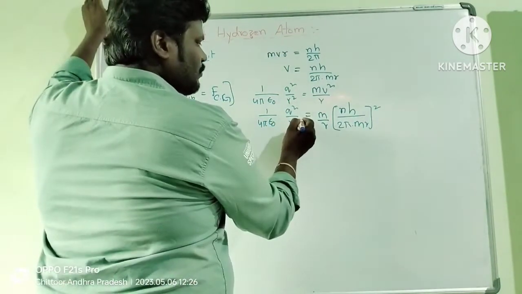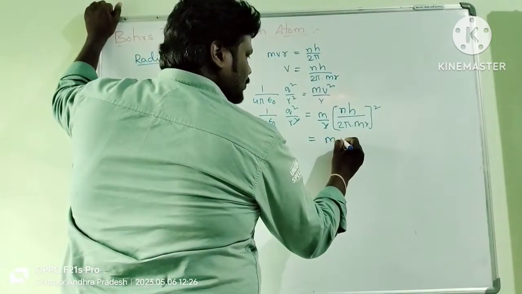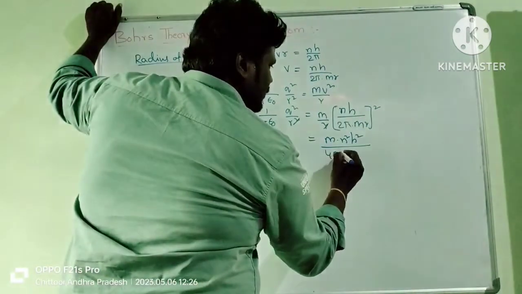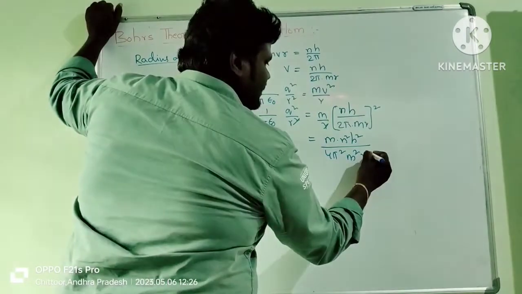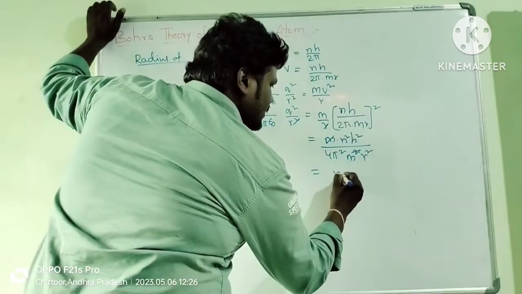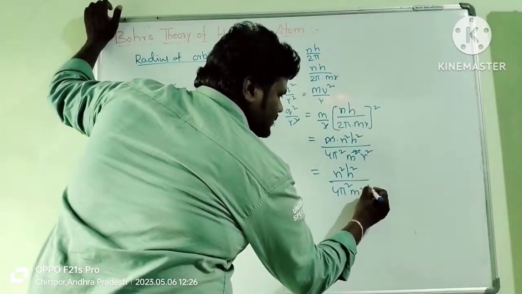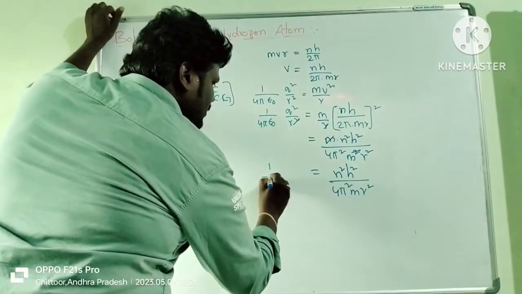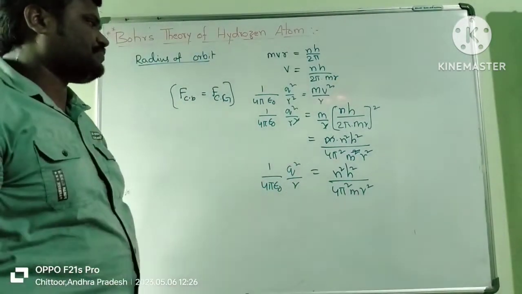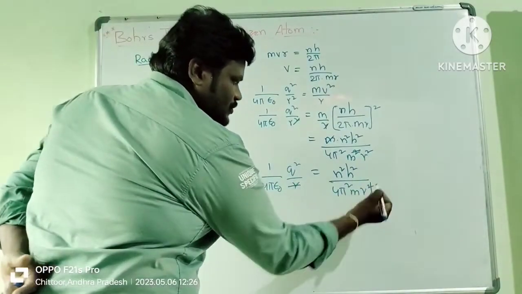Now one r and one r get cancelled. Here it is m into n square h square by 4 pi square m square r square. One m and one m get cancelled, so here it is n square h square by 4 pi square m r square, equal to 1 by 4 pi epsilon naught q square by r. Now one r and one r square get cancelled.